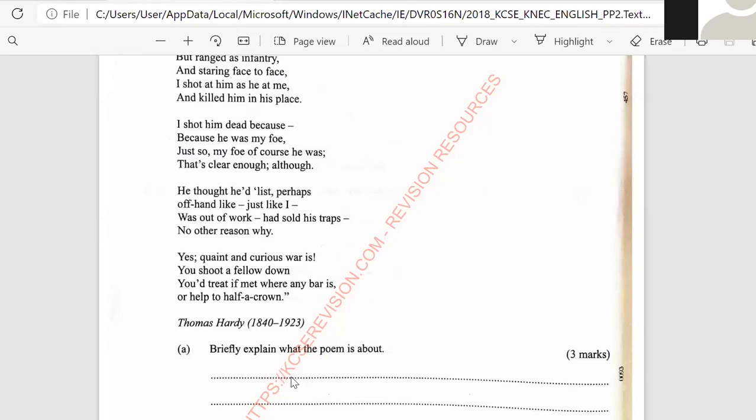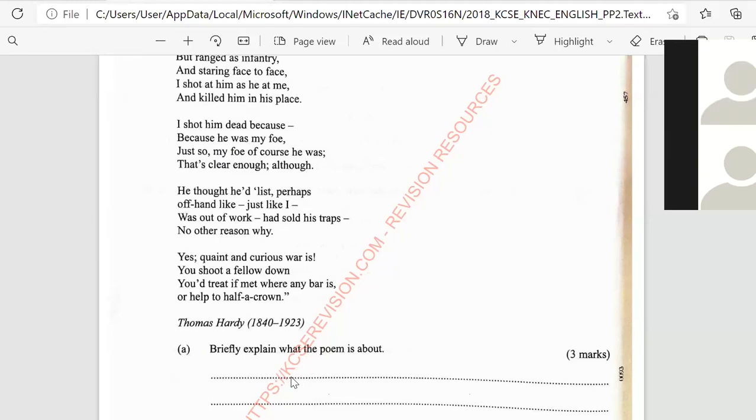So I begin with the first question about tone. You look at the central tone in the poem, and the central tone here is a critical tone. From the beginning of the poem till the end, the persona does not see any use in people fighting. From stanza 1 to the last stanza, even as he takes pity on the man that he killed, he is still criticizing war and its effects.